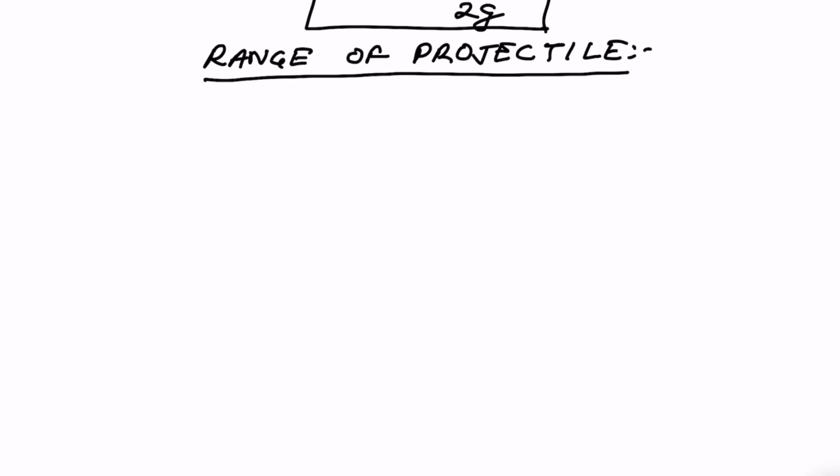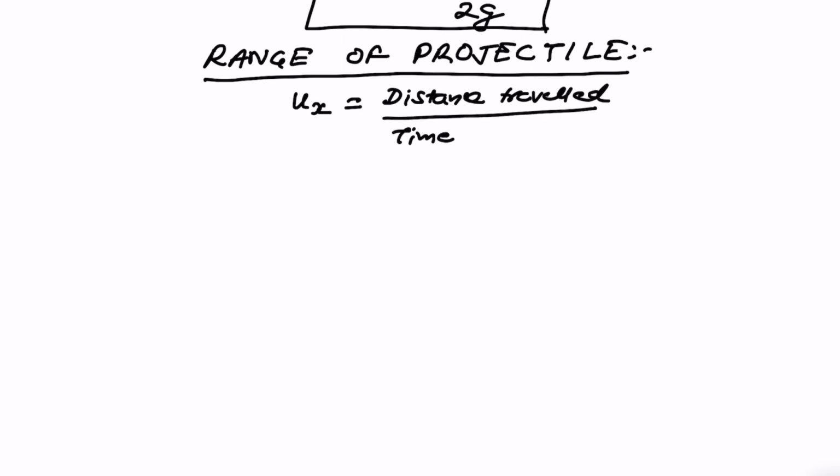Now we can write that the horizontal component of the velocity will be equal to the horizontal distance traveled by the particle divided by the total time taken by the body.